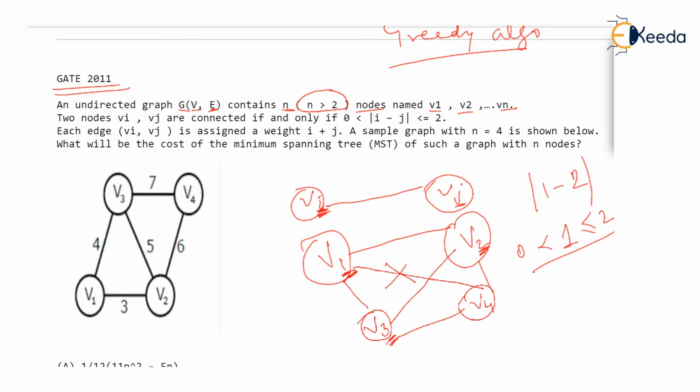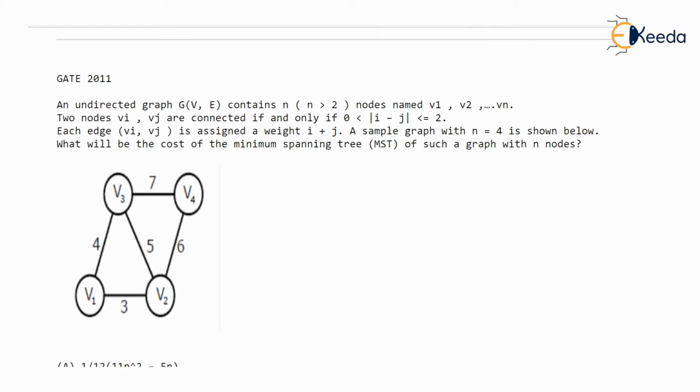When are two vertices adjacent? When they have an edge. And they are also saying that the edge vi vj is assigned a weight i plus j. So as an example, an example graph of n equal to 4 vertices is shown below. Now it is understood that v1 has an edge to v3, but v1 does not have an edge to v4.